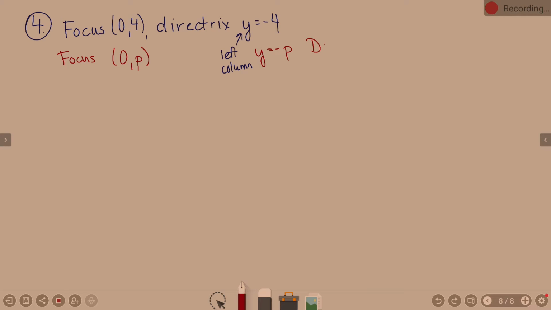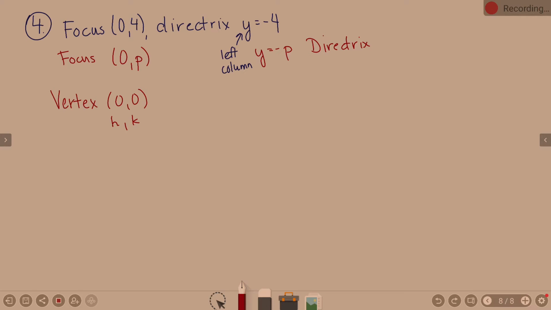And so, with that information, the fact that the focus was (0, p) means my vertex is going to be (0, 0). Which, remember, that's technically your h and k, isn't it? The other piece we need on a parabola, besides h and k, is our p-value.